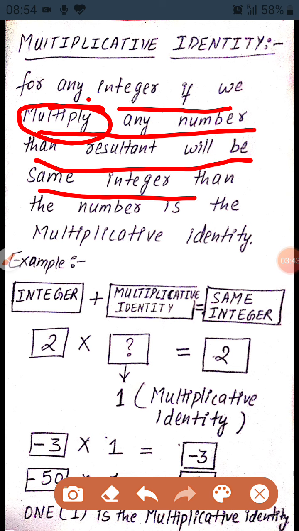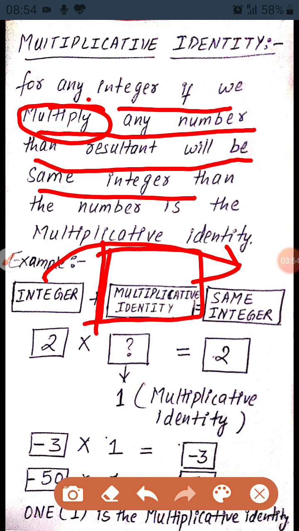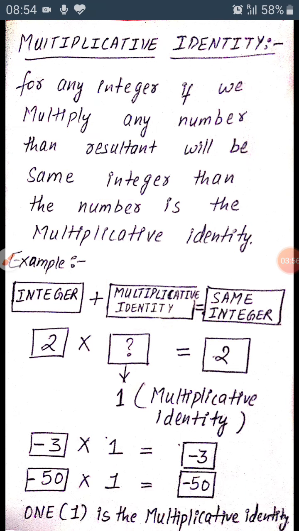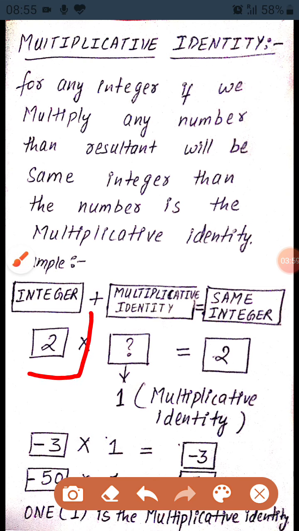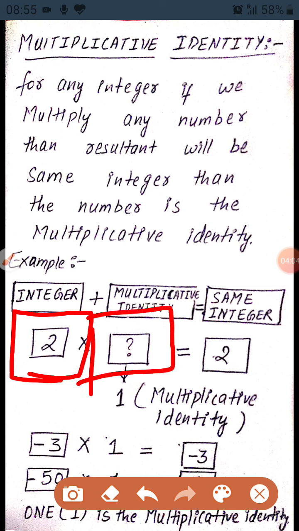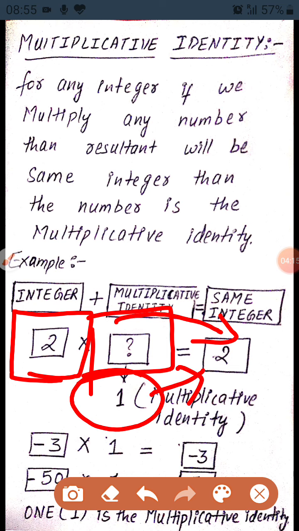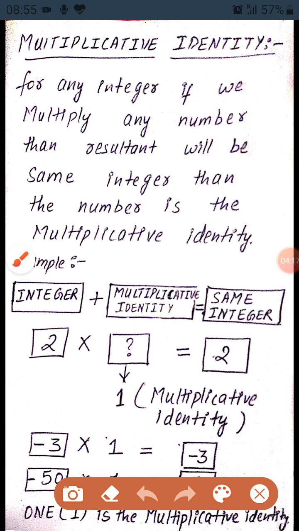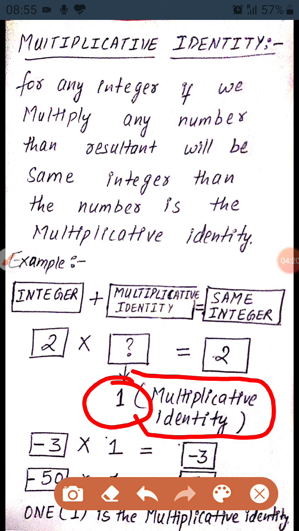I already told you that the identity is like a mirror and we have to get the same integer. For example, plus 2 is an integer. What number should we multiply here to get the same number? We multiply with 1. 2 into 1, 2 ones are 2. So 1 is the multiplicative identity.